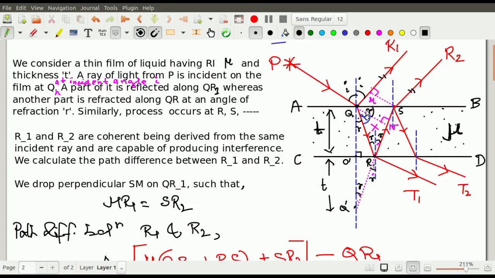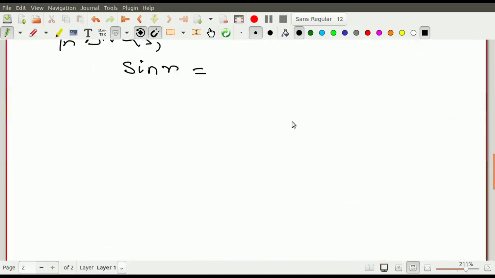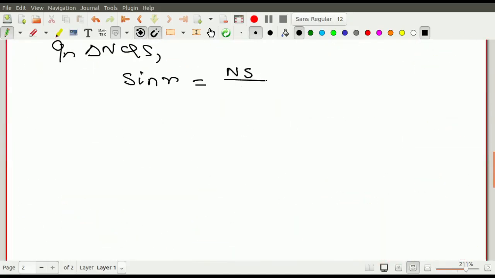So if I take the sine of this angle, what is sine? Sine is perpendicular by hypotenuse. So perpendicular is NS and hypotenuse is SQ. Let me write NS by QS, that is my sine of R. Understood?